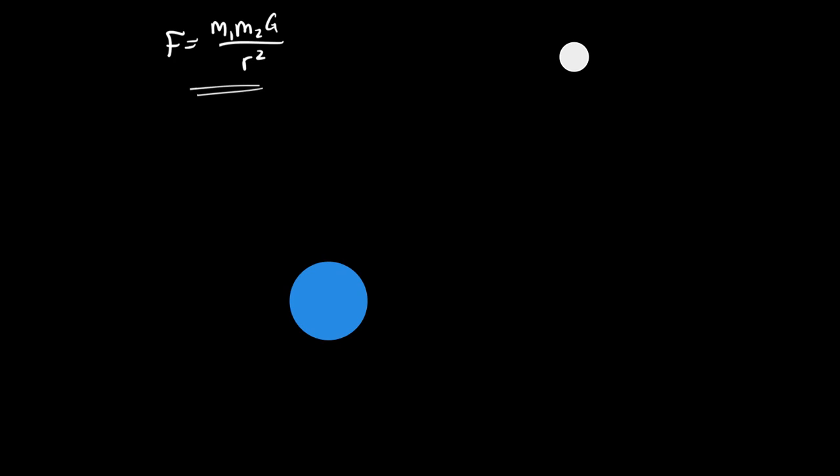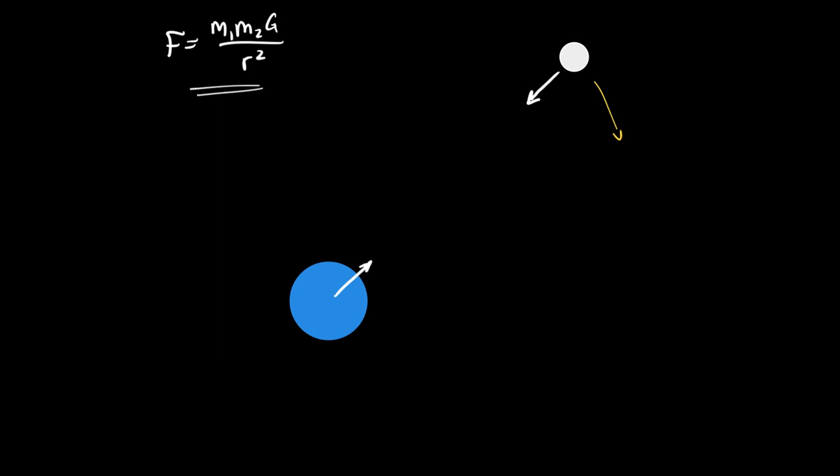But I want you to also understand the implications of Newton's law of universal gravitation. The force on these two objects is equal and opposite. If the object in the center is large enough, then it can stay relatively stationary as the other object uses this force to provide a centripetal acceleration.